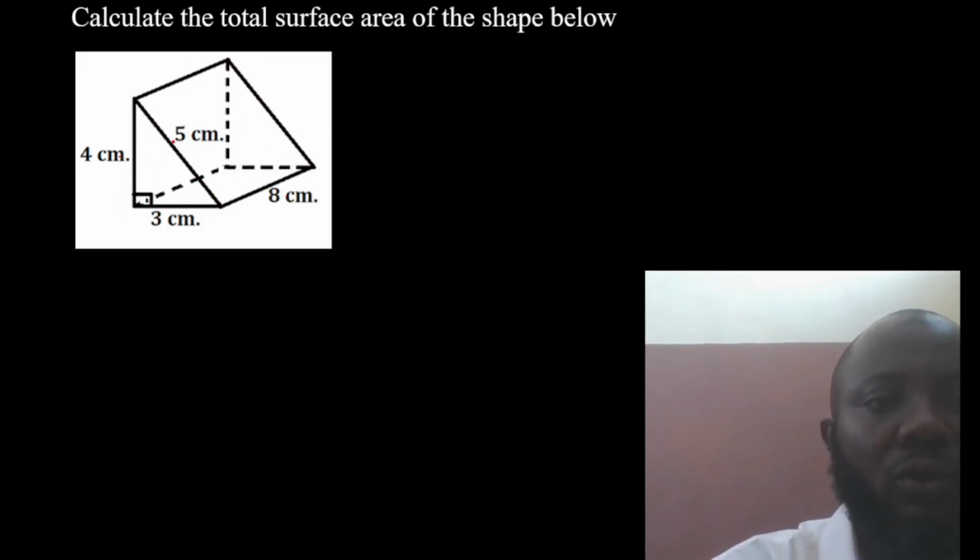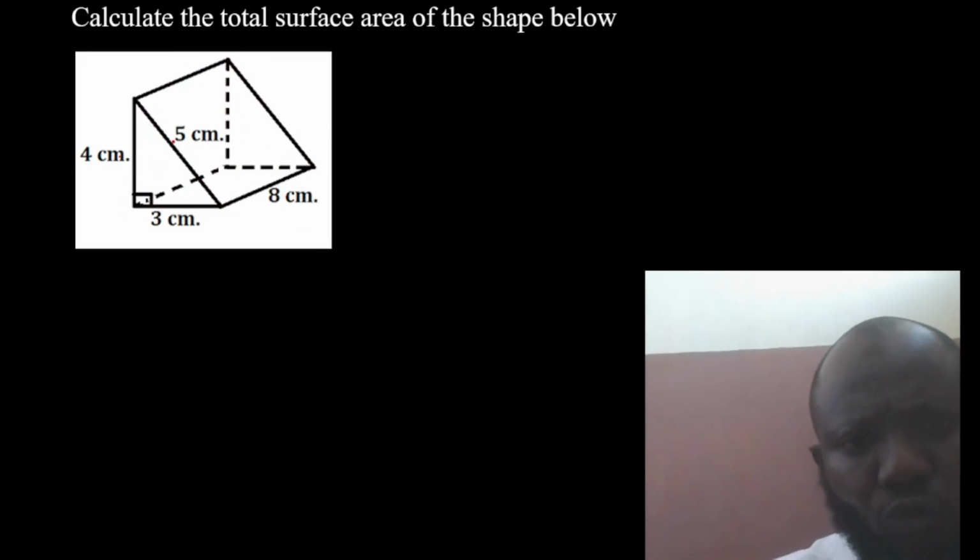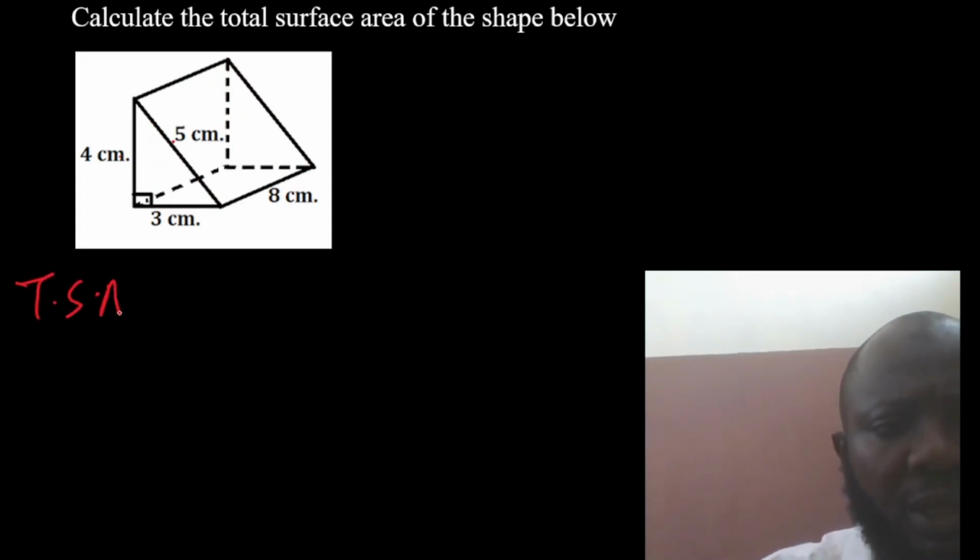Let's now see how we can solve this one. We're going to have the total surface area.